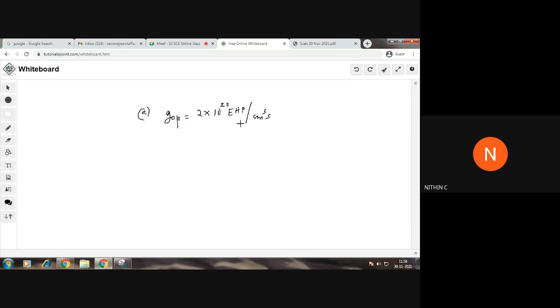This is actually given. That is the steady optical generation rate, GOP is equal to 2 into 10 raised to 22 EHP per centimeter cube second. Calculate the excess carrier concentration delta n. Here it is given as delta n. You need not bother. You just find delta n.